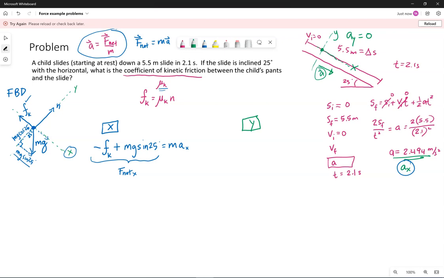All right, so the forces in the y direction. Because of the coordinate system we've chosen, there's no acceleration in that y direction. So the forces in this y direction in our free body diagram must balance out. We've chosen this coordinate system such that now we know the acceleration is 0.